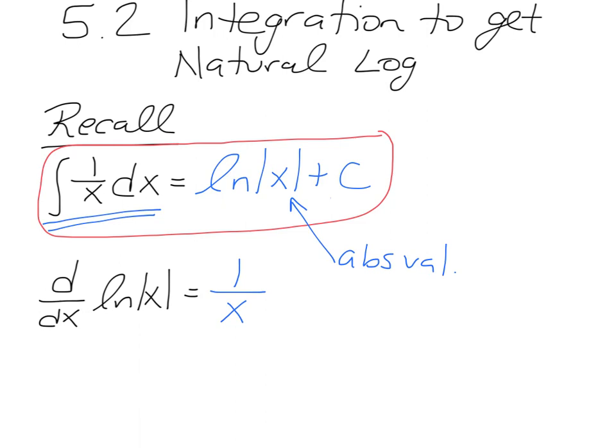So this one right here would apply for any value of x not equal to 0, whereas if I didn't have the absolute value bars, it would only be values of x greater than 0. So our rule is this, so that it includes every single value of x except 0.